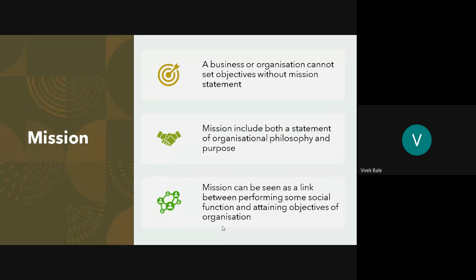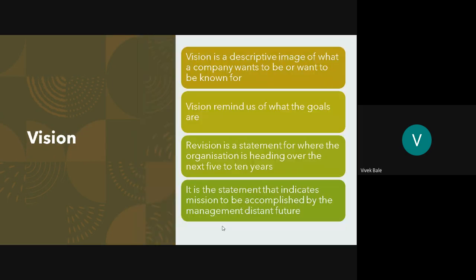So my mission will help me understand what my objective is: I have to shoot only and only at that particular target. It will give me a link to what the goal of the company is and what objective I have to achieve. So this becomes a link between the functions and achieving the organizational objectives.